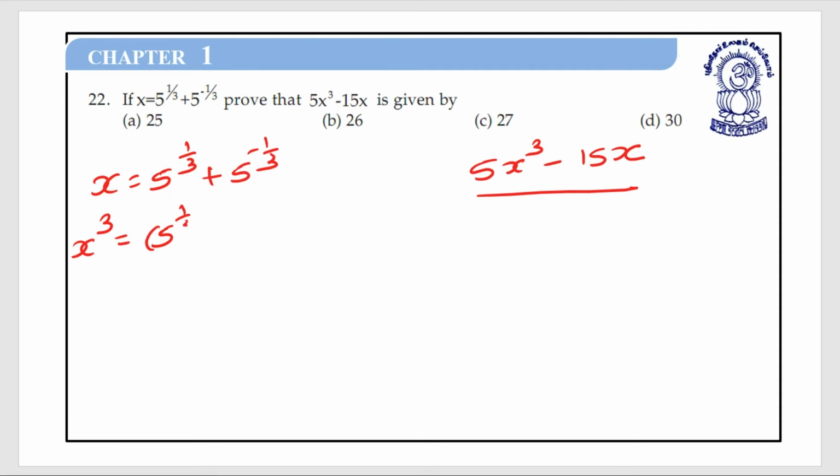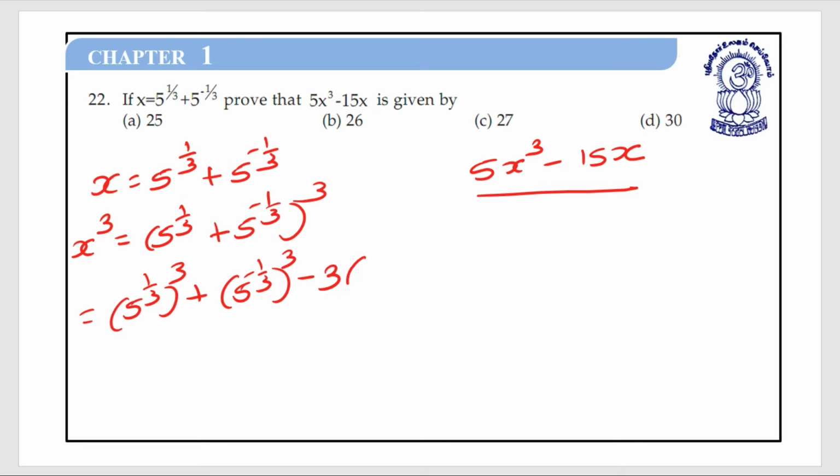So x is 5 raised to 1 by 3 plus 5 raised to minus 1 by 3, cubed. So x cube is a cube, 5 raised to 1 by 3 cubed, plus b cube, 5 raised to minus 1 by 3 cubed, minus 3 into a plus b, 5 raised to 1 by 3 times 5 raised to minus 1 by 3.